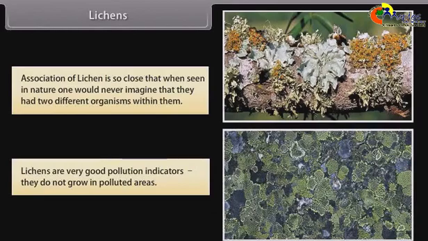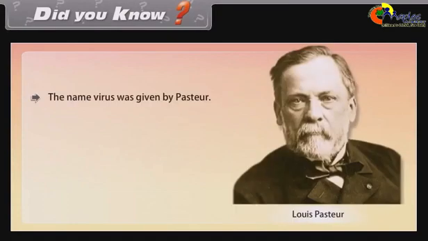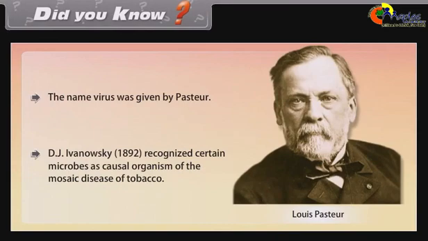They do not grow in polluted areas. Did you know? The name virus was given by Pasteur. D.J. Ivanovsky, in 1892, recognized certain microbes as causal organisms of the mosaic disease of tobacco.